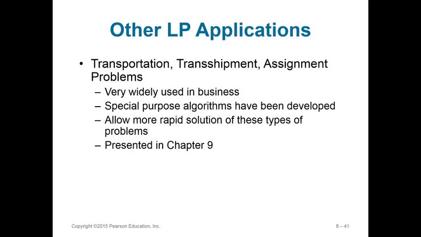And then finally, for transportation, shipment, assignment problems, etc., we have certain kinds of algorithms, software that's out there that helps for sending stuff from one place to another. So UPS, FedEx, Amazon, and these others that have a lot of things to ship from place to place.